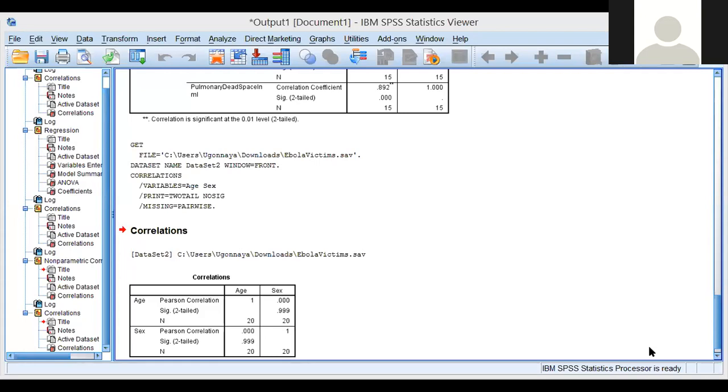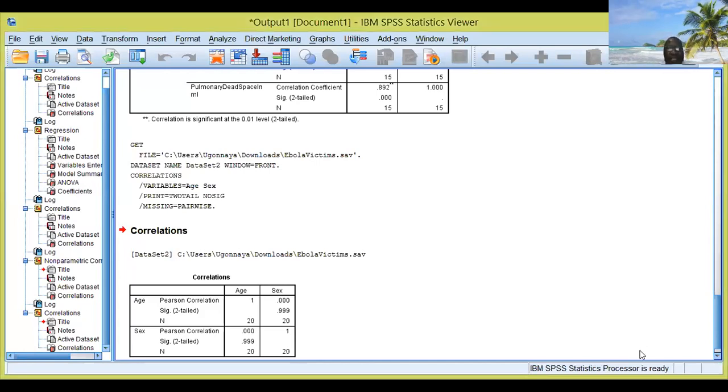If you look at it now, it is 0 point something. There's no correlation between them. Everybody can see the result? Yes, sir. It is zero correlation. Maybe if the decimals continue it will be 0.00, but there is very much no correlation between age and sex.